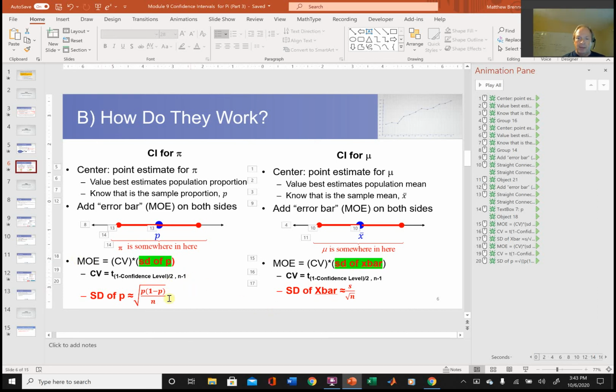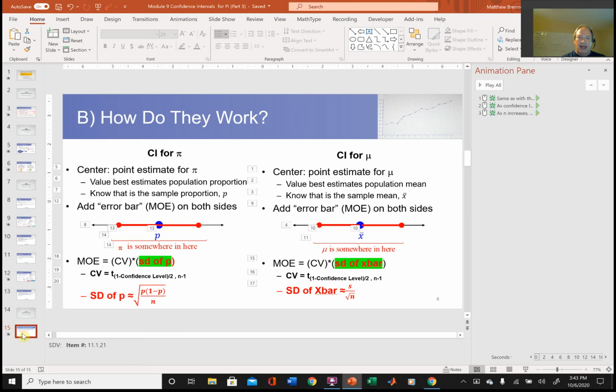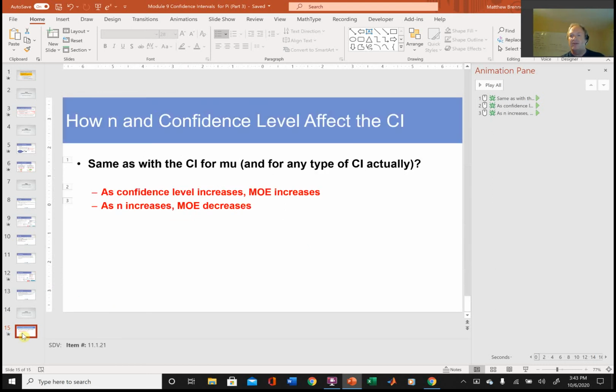And the same thing is true for the sample size dependence. As the sample size increases, the standard deviation goes down in both cases, and that shrinks the margin of error. And this should be relatively common sense by now. It should make sense to you that as the sample size goes up, our estimates are becoming more precise. So our error bar that we put around our estimate, which we think captures the population parameter, should also be shrinking.